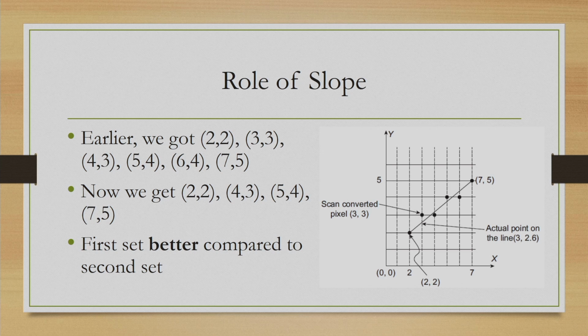Clearly, the first set, that is these 4 plus the 2 endpoints, total 6 pixels, will give us a better approximation to the line compared to the second set consisting of a total of 4 pixels, the 2 endpoints and the 2 newly computed pixels. So, the first set is better than the second set, because the approximation is better due to the larger number of pixels.